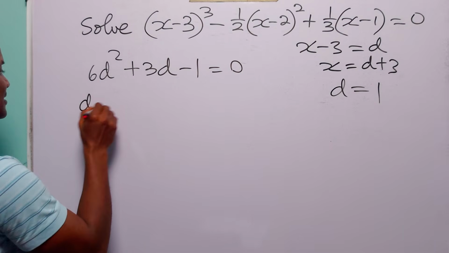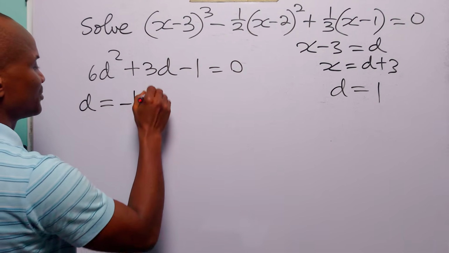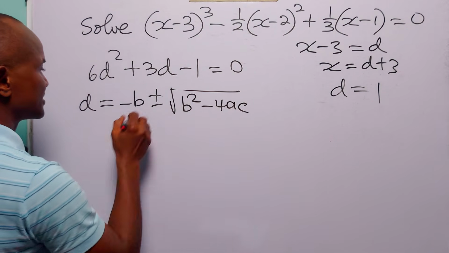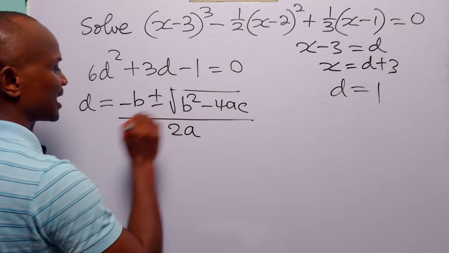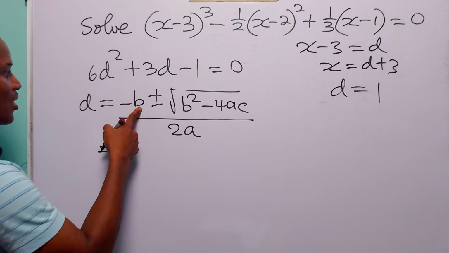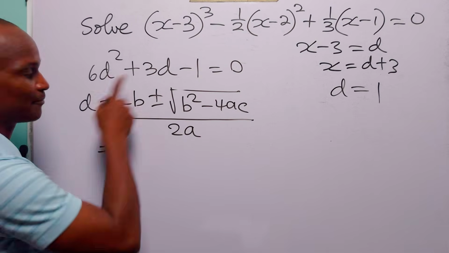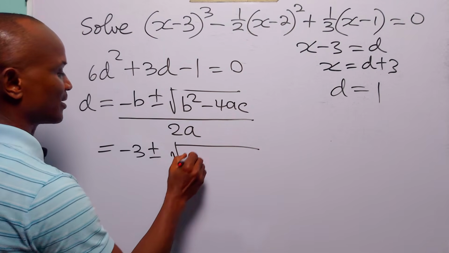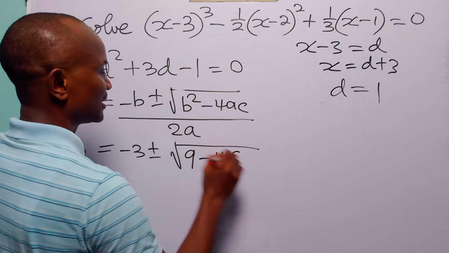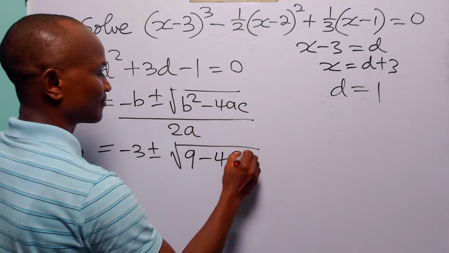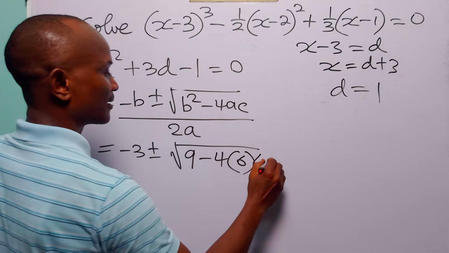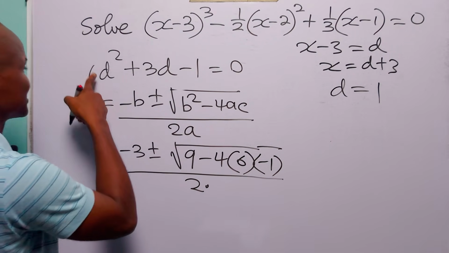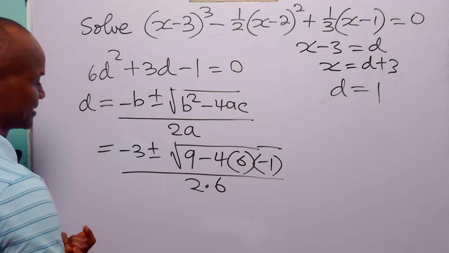We have that d is equal to minus b plus or minus the square root of b squared minus 4ac, divided by 2 times a. Now, here we have minus 3 plus or minus the square root of 3 squared, which is 9, minus 4 times a is 6, and c is minus 1, divided by 2 times a, which is equal to 6.